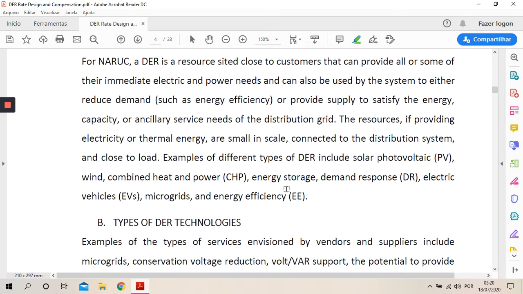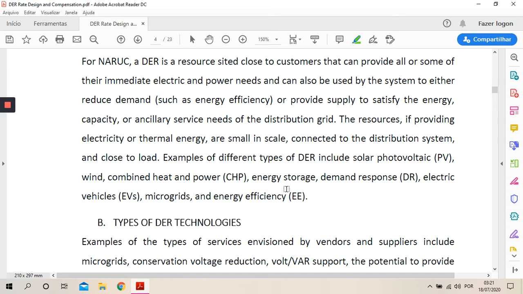For NARUC, a DER is a resource sited close to customers that can provide all or some of their immediate electric and power needs, and can also be used by the system to either reduce demand, such as energy efficiency, or provide supply to satisfy the energy, capacity, or ancillary service needs of the distribution grid.